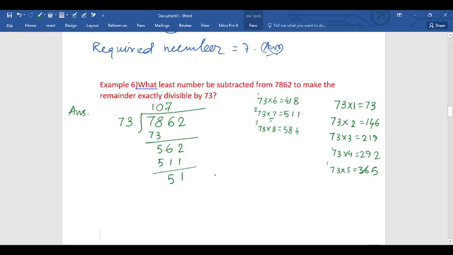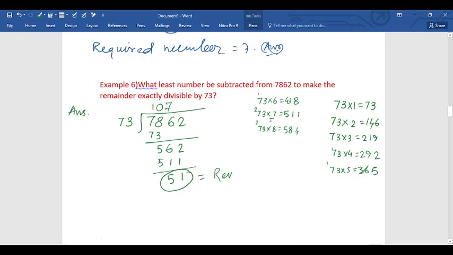Now, what least number must be subtracted from 7862 to make the remainder exactly divisible by 73? Okay. Now what happens if we remove this 51 from here?